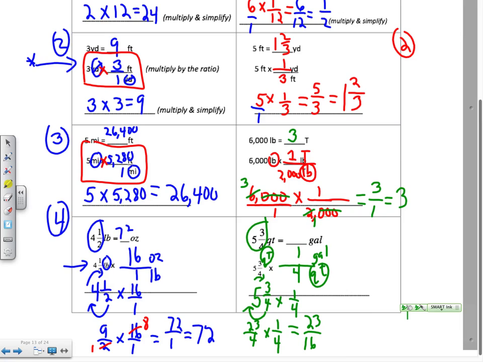I notice my numerator is greater than my denominator, so I have to change this into a mixed number. 16 goes into 23 once. My remainder would be 7. And my denominator stays the same. So it is 1 and 7/16 gallons is equivalent to 5 3/4 quarts.